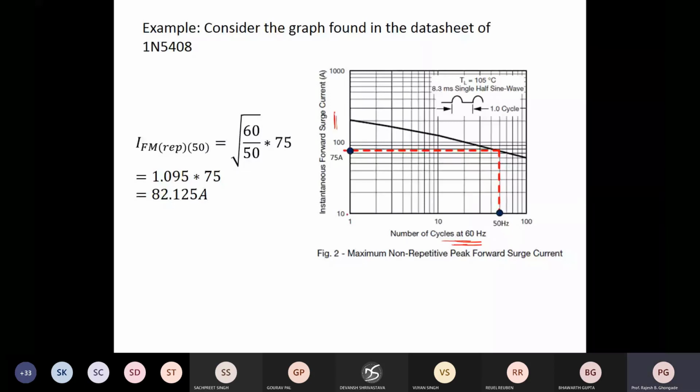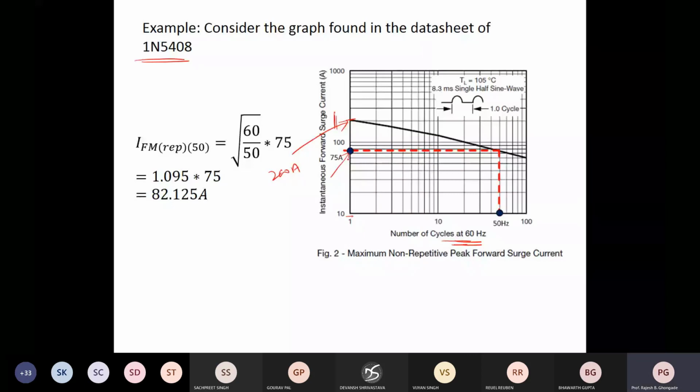It simply means that the more times I draw large current from it, its current rating drops down. If it is only for one time, it is as high as 200 amperes for this particular diode 1N5408. But as the number of cycles increases, the current rating drops to 75 amperes.